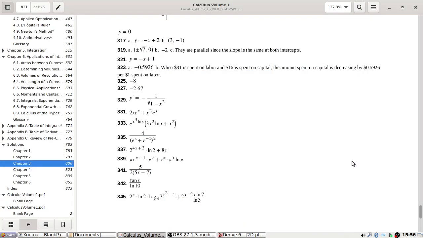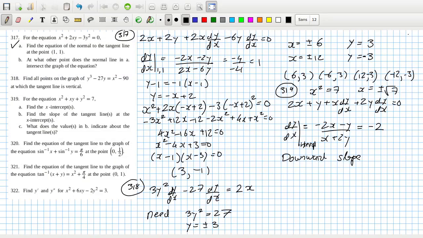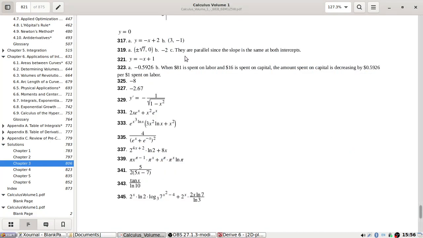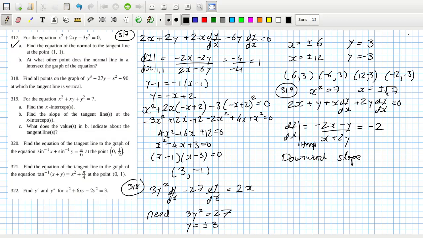Do we have the answer for 319? Oh, they're both the same. I was just thinking of the minus 2, not that they're both the same. Yeah, so that they're parallel, the same slope. I didn't get the English here, what did they have in common? So yeah, okay, that's funny.